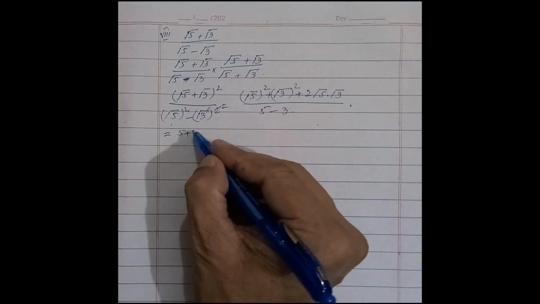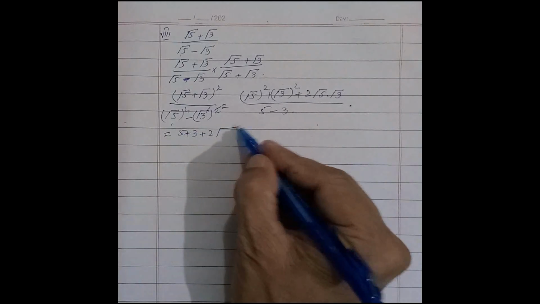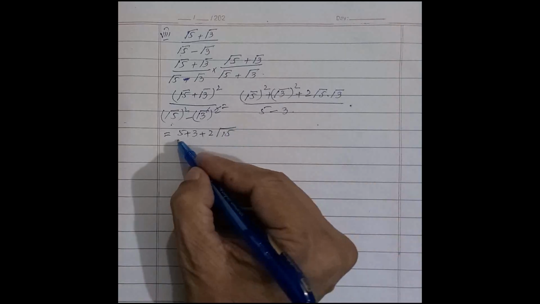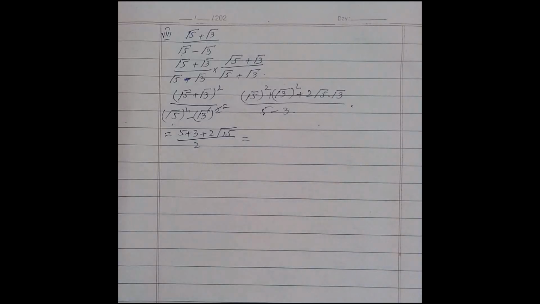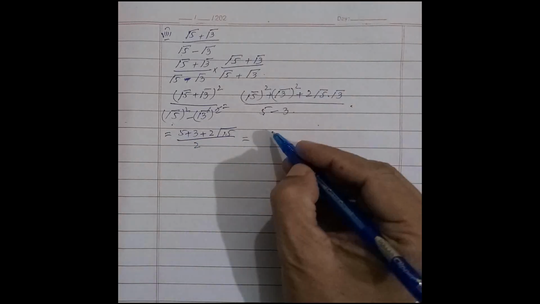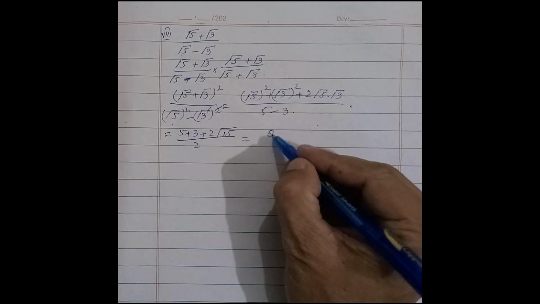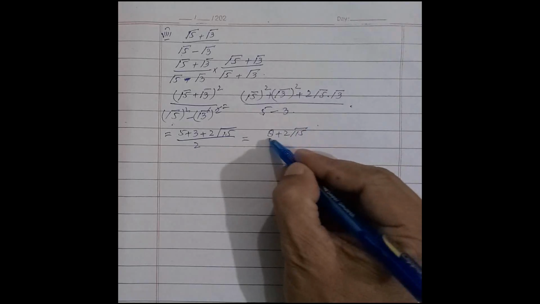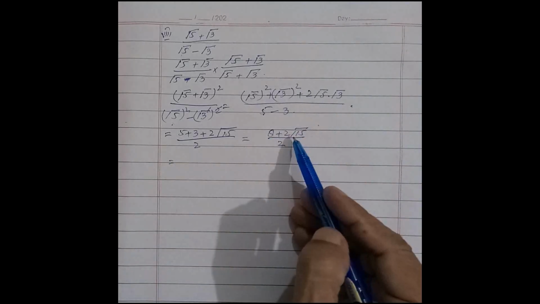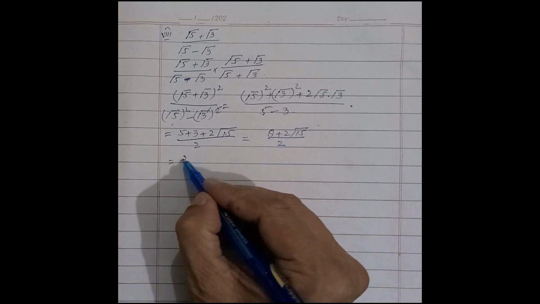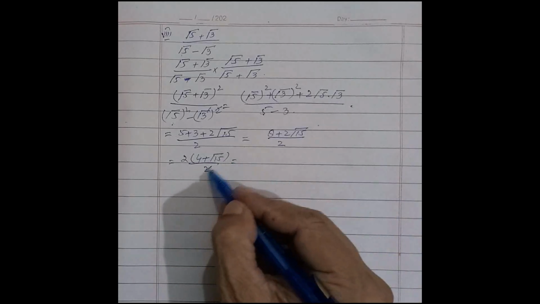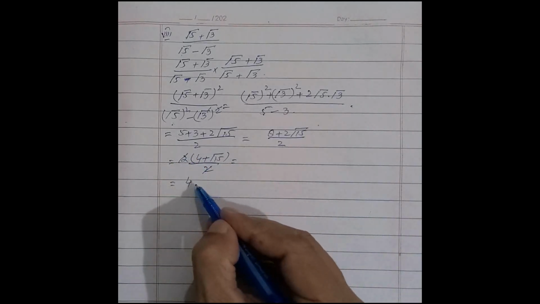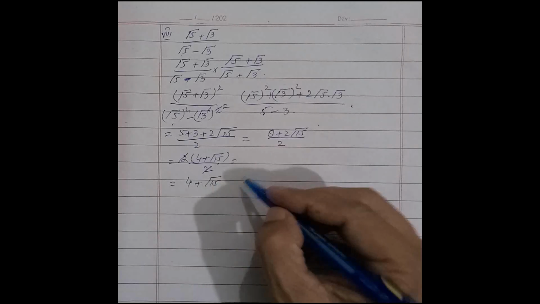It is 5 plus 3 plus 2 square root of 5 times 3, which is 15, over 5 minus 3, which is 2. Now simplify: 5 plus 3 is 8, plus 2 square root 15 over 2. Take 2 common from the numerator, we get 4 plus square root 15 over 2. The 2s cancel, and the answer is 4 plus square root 15.